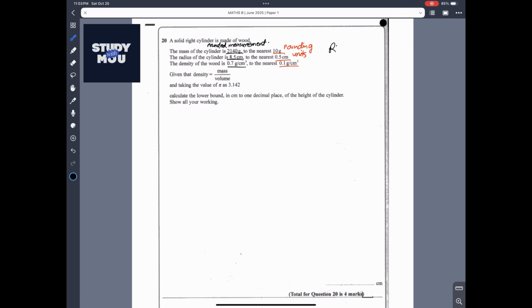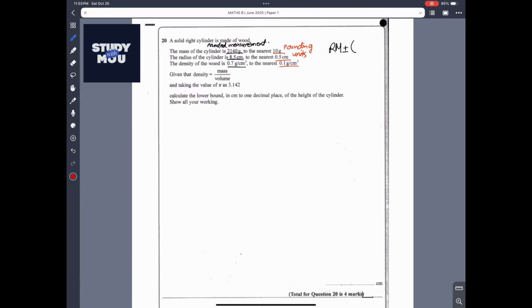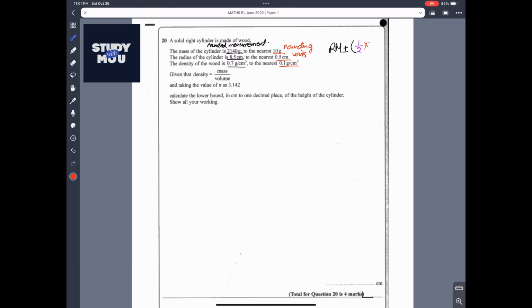You write the rounding measurement plus or minus half, that should be multiplied with the rounding units, RU. Okay, so this is our formula.